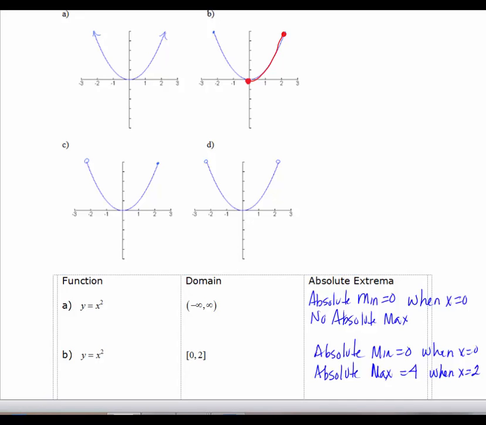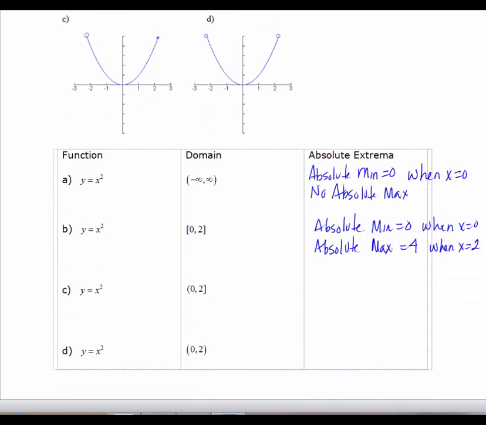Let's look at C. We want to look at the interval from 0 to 2, so let's look at the piece of the graph from 0 to 2. Alright, so looking at y equals x squared on a half open interval, we have an open circle at 0, and we have a closed circle when x equals 2, meaning that point is part of the domain, or the interval that we're looking at, but the 0 is not.